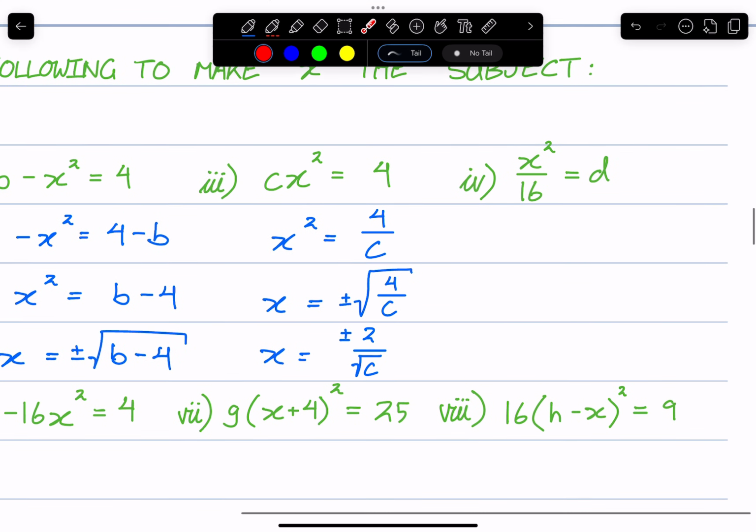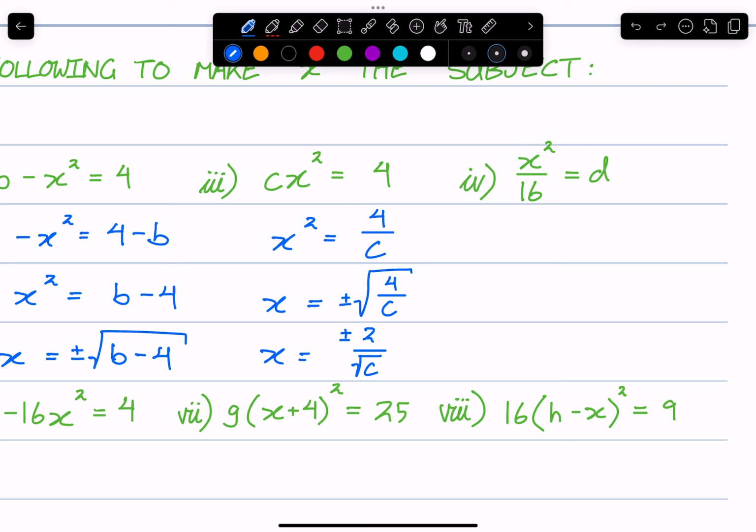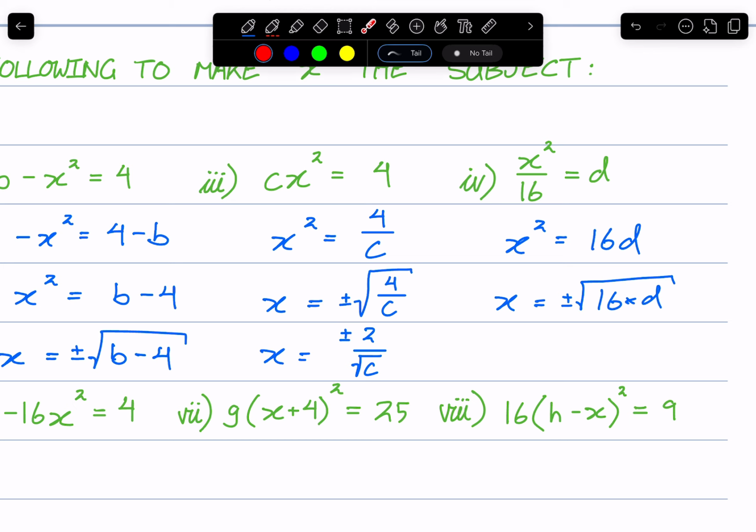Ready? So for this one, when we multiply by 16, we get x squared equals 16 times d, but I'm simply going to write it as 16d. Now when we take the square root, it becomes plus minus square root 16 times d. Okay, like I've shown you in this previous example, when you have a division, the square root splits into the numerator and denominator.